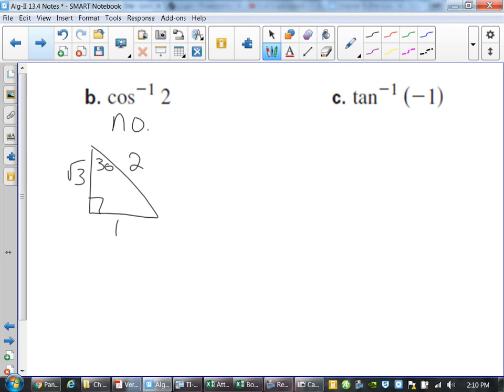Which one of those has an adjacent over a hypotenuse that gives you 2? None. You can't find an angle that has a cosine greater than 1. Cosine is never larger than 1. It is never smaller than -1. So the answer is no.